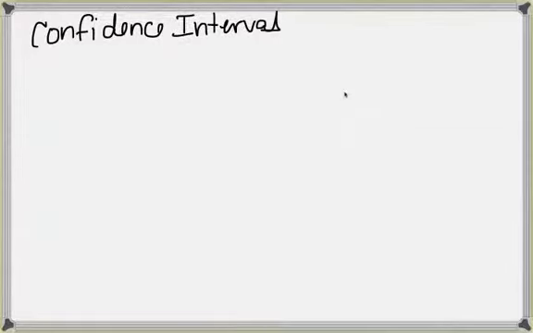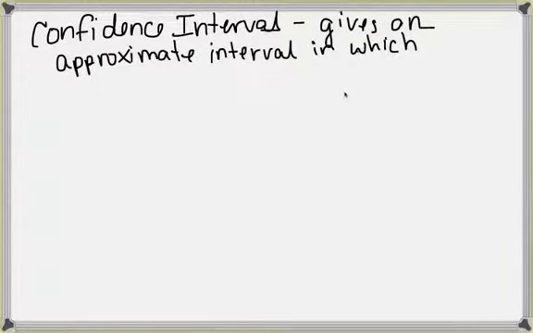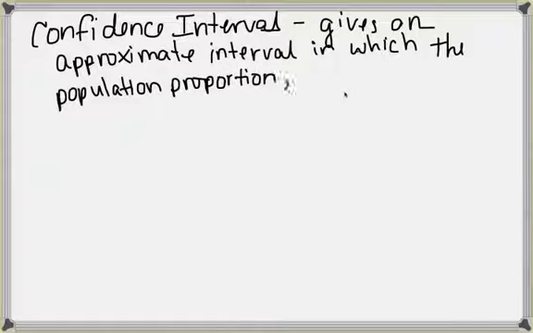So, a confidence interval gives an approximate interval in which the population proportion, which we denote as P, is likely to fall.